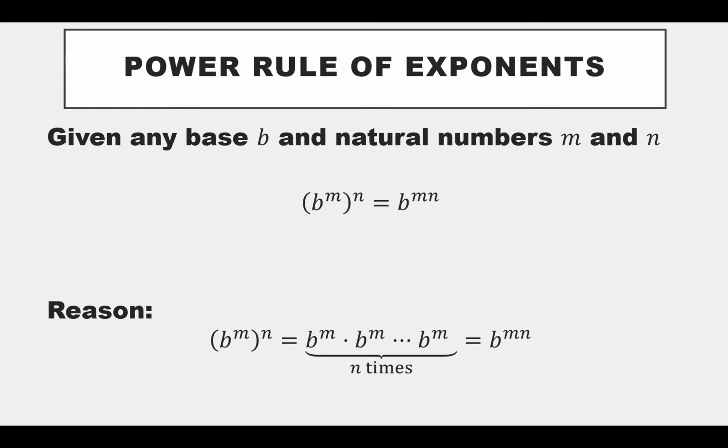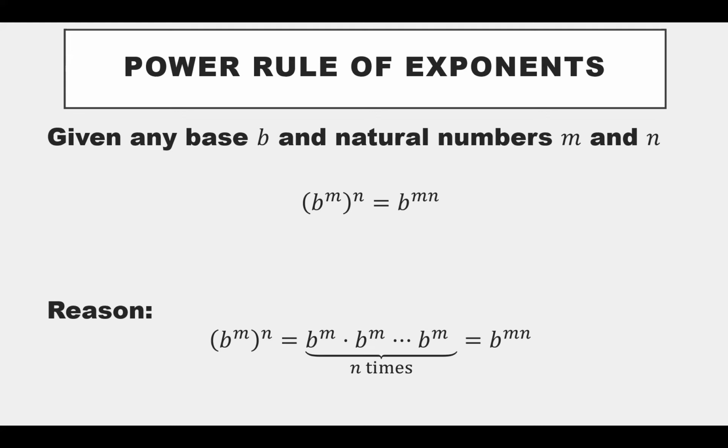Now, I wanted to do the zero exponent rule and the negative exponent rule before I do this next rule, which is the power rule, because the zero exponent rule and the negative exponent rule come straight from the quotient rule applied to other scenarios.